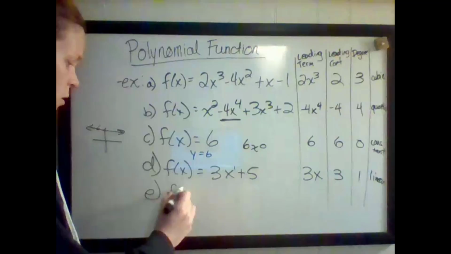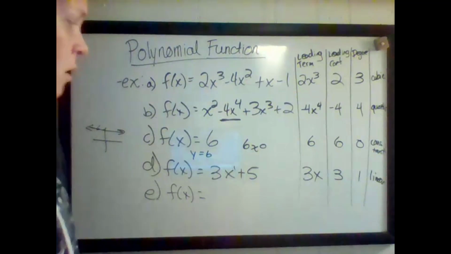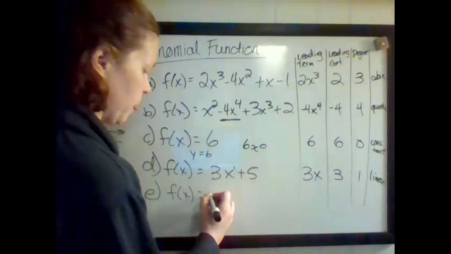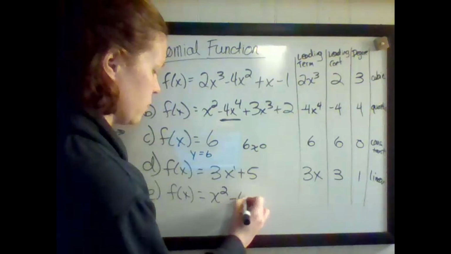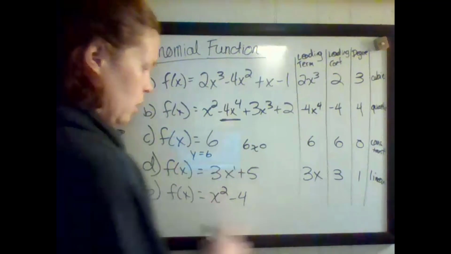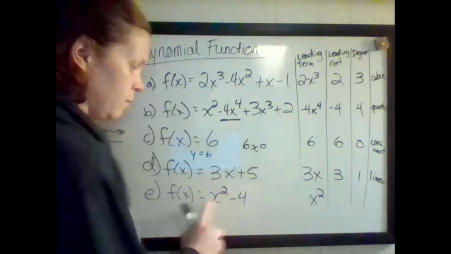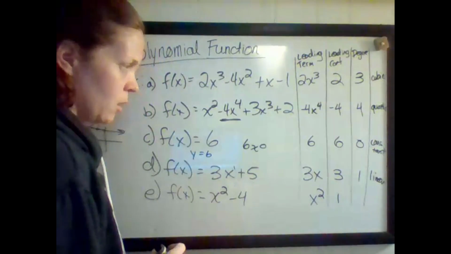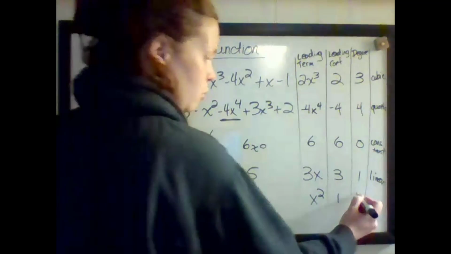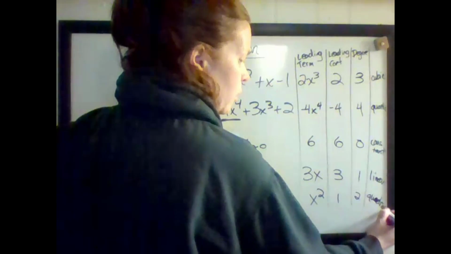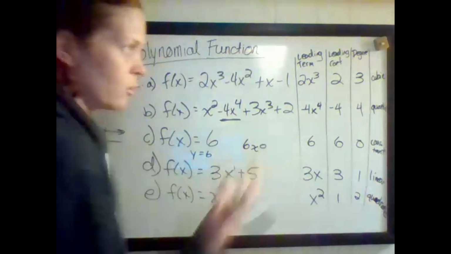And then let's do one more. So the one we're missing, we had degrees 0, 1, so I'm going to throw in one that's squared. How about x squared minus 4? So leading term, x squared, leading coefficient is 1, and then the degree would be 2, and this would be quadratic. Okay, so we went from degree 0 to 4.